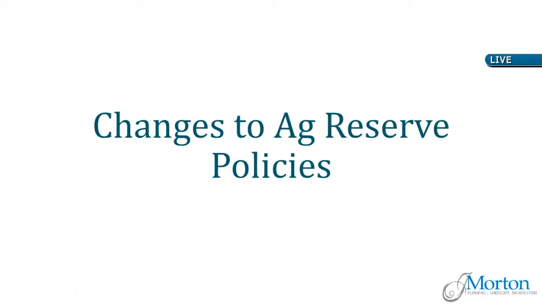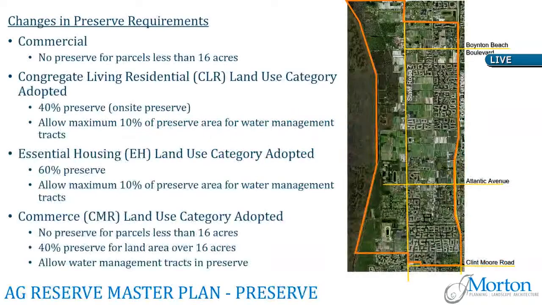Next slide. So we looked at the changes to the Ag Reserve policies. We looked at the history also of changes to the Ag Reserve. Many of you have seen me here. I've been very active in the Ag Reserve. So I'd just like to point out that the county has repeatedly refined the Ag Reserve policies in response to the needs of the community.